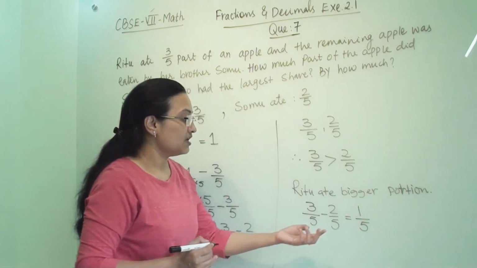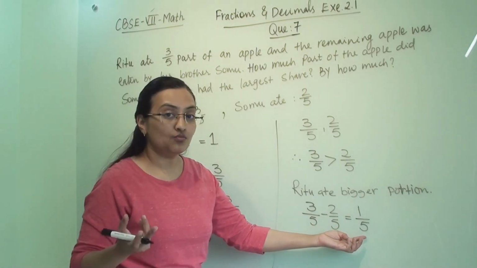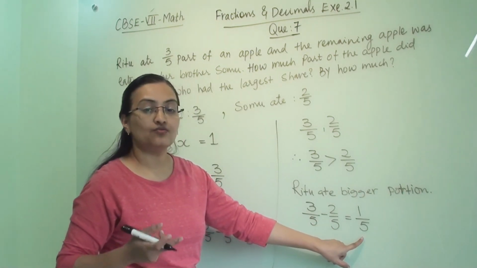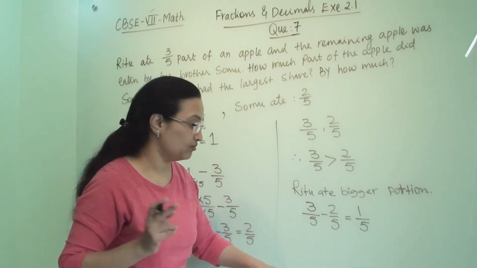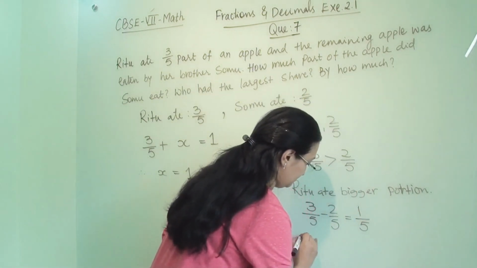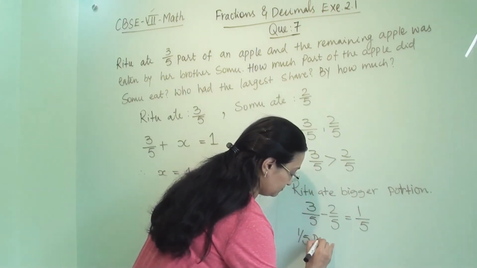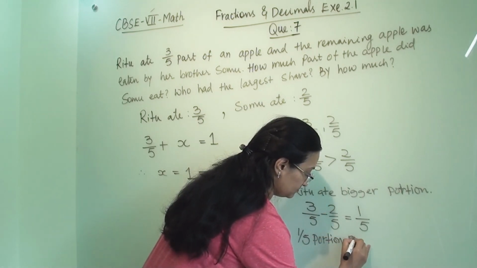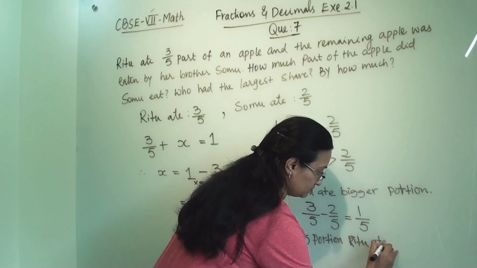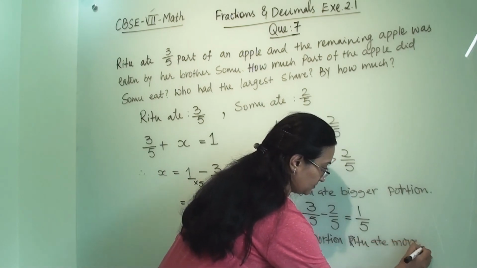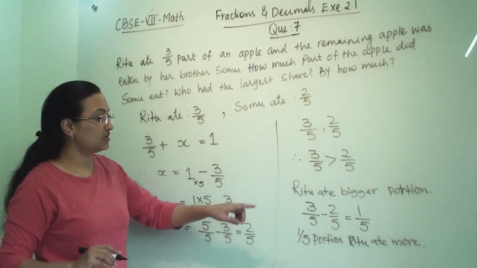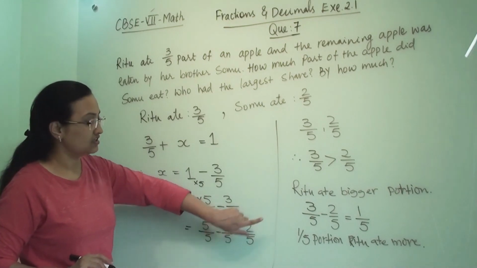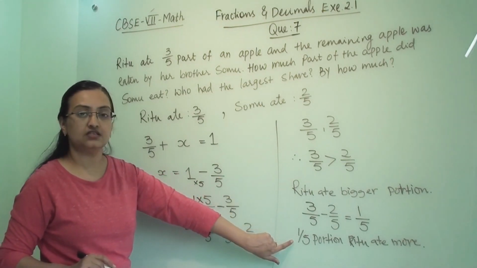So here how much more did Ritu eat? 1 by 5 portion Ritu ate more. So this is the first answer, this is the second answer and this is the third answer.